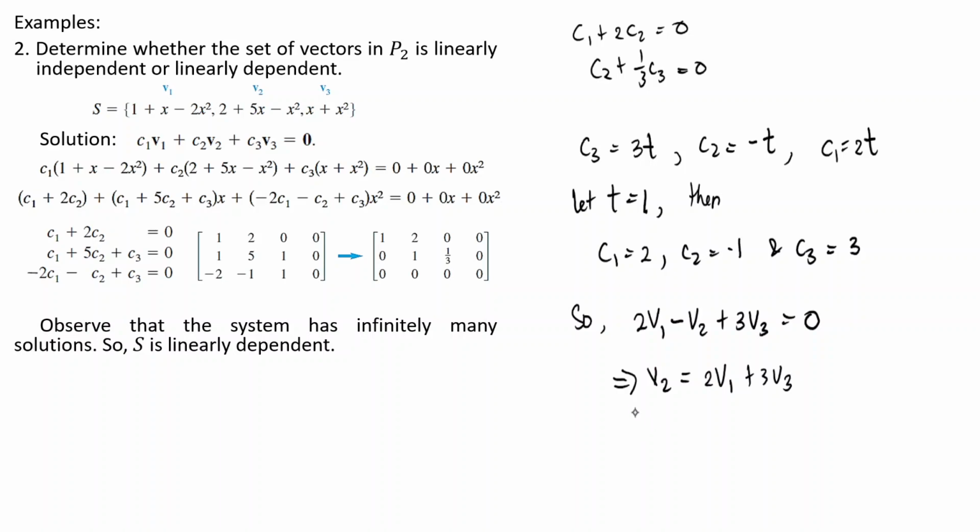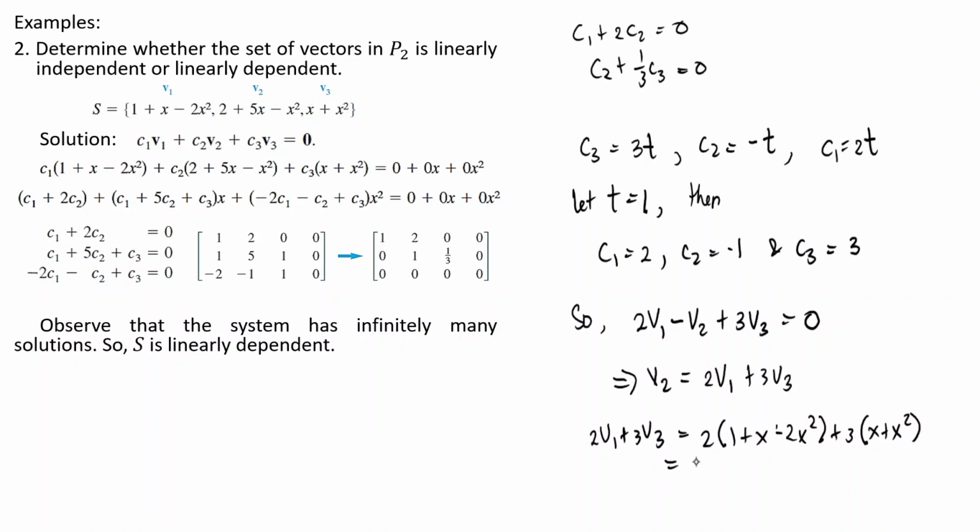So we see that v sub 2 can be written as a linear combination of the vectors v sub 1 and v sub 3. We can check this using the given vectors. So 2 v sub 1 plus 3 v sub 3 equals 2 times v sub 1, plus 3 times v sub 3, which is 3x plus 3x squared.